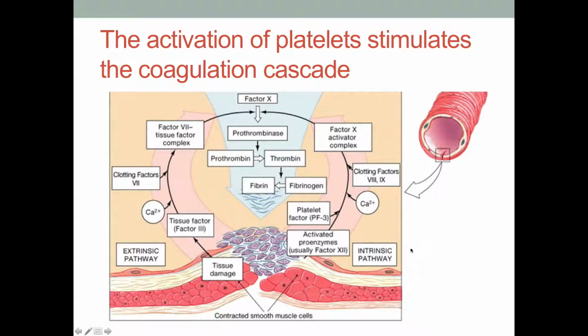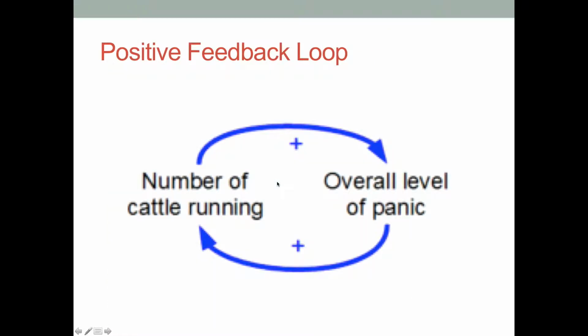The extrinsic pathway tags the intrinsic pathway, which is going to create different factors, activates factors 12, 11, 9, 10, and eventually you get to factor 10. And then we're at the final common pathway again, making thrombin and then fibrin. So these are just different pieces that are needed to assemble, or essentially knit, these filaments of fibrin. They have to be assembled in the case of an injury.